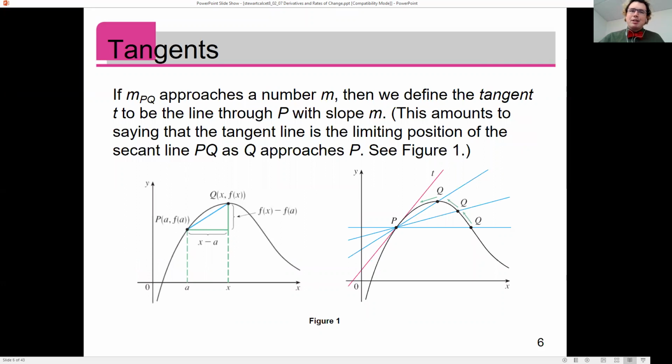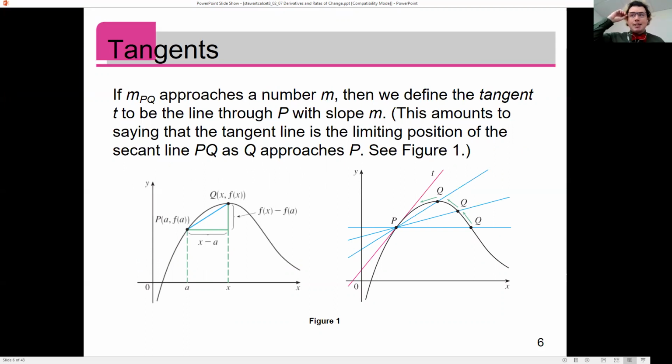The problem with this is that my slope calculation is always going to be an approximation. The quality of that approximation depends on how close or how far apart my points are. So strictly speaking, I've only been able to calculate the slope of these blue secant lines.